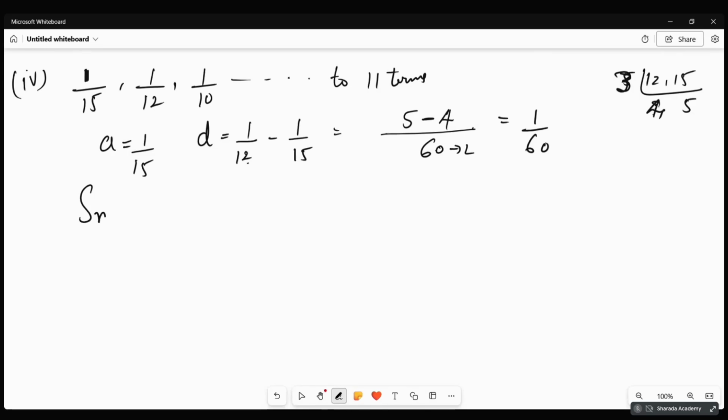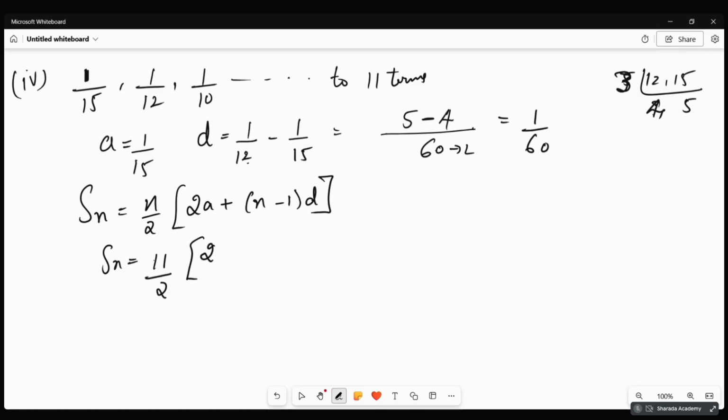Now, Sn is equal to n by 2 into 2a plus n minus 1 into d. So Sn is equal to, n is 11 terms, 11 by 2 into 2 into a, which is 1 by 15, plus n, which is 11, minus 1 into d, which is 1 by 60.